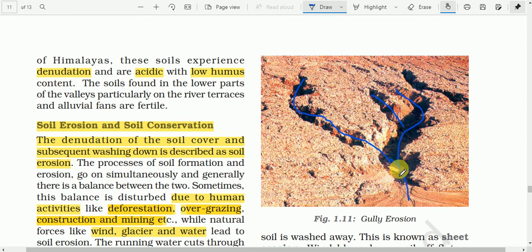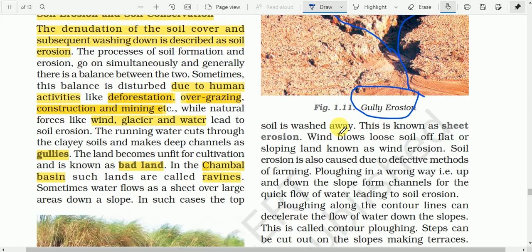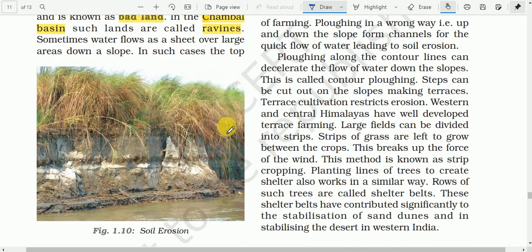In this way, the running water is cutting a lot of rills and channels, and this type of erosion is known as gully erosion. Here is also another type of erosion caused by running water. Here we have a river or a rivulet, and there is side cutting, sideward erosion of the soil.